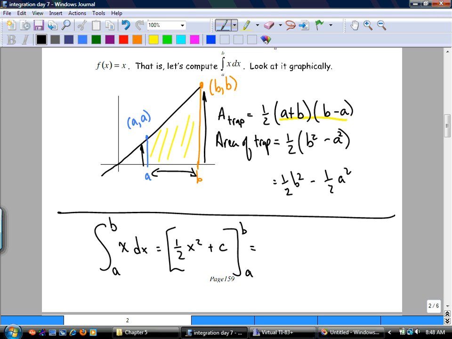Okay, I heard equations. So if you put b in for x, and you put a in for x, take a risk. How do you get the line above? Subtract them.